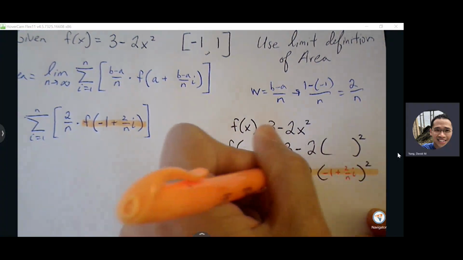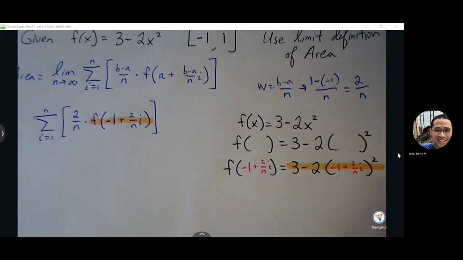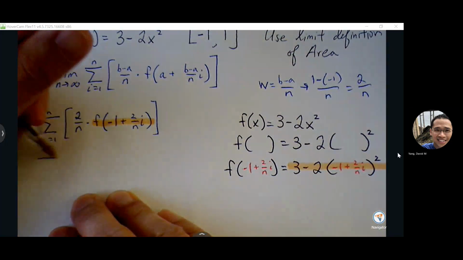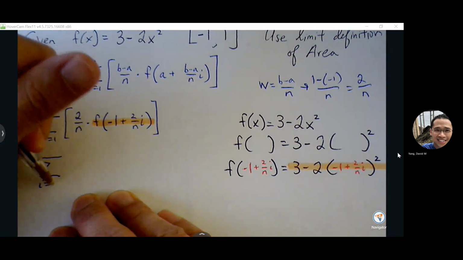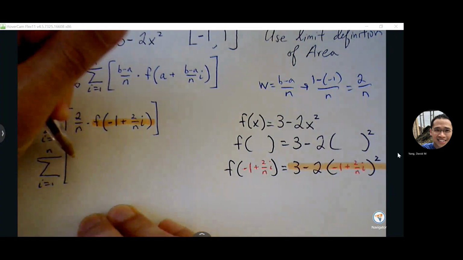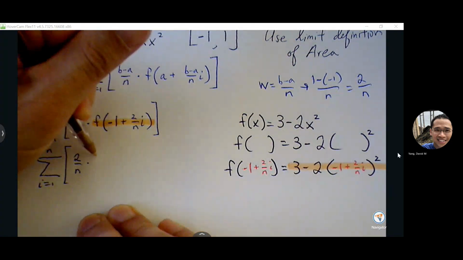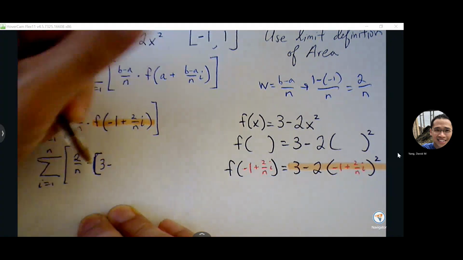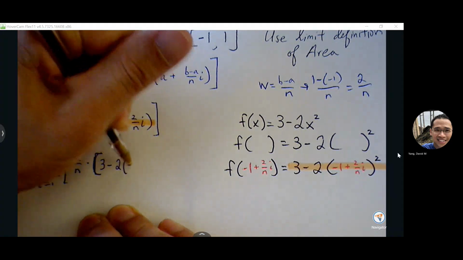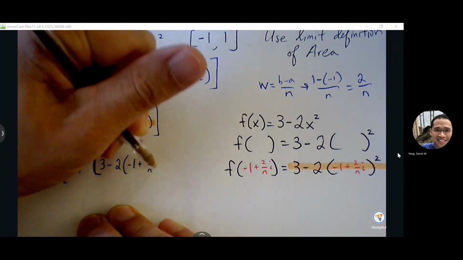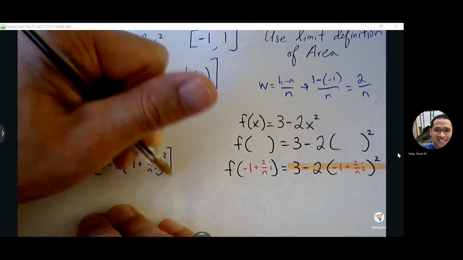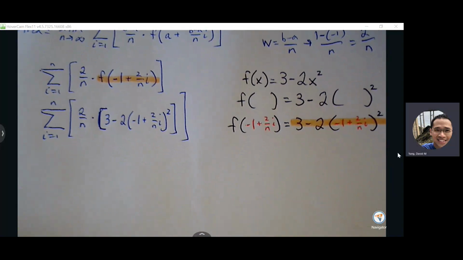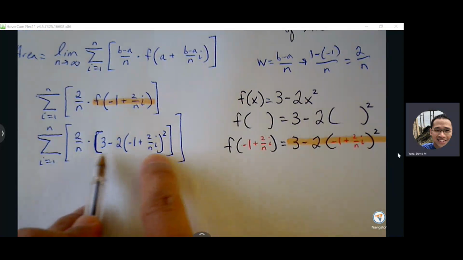Replace it with this piece here. So now it's just a bunch of algebraic steps, try to get all this cleaned up.